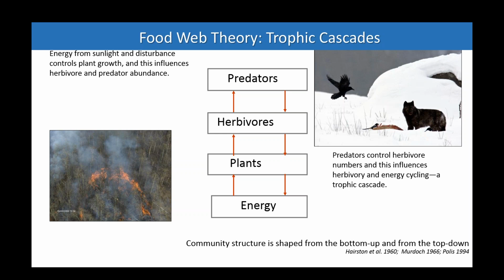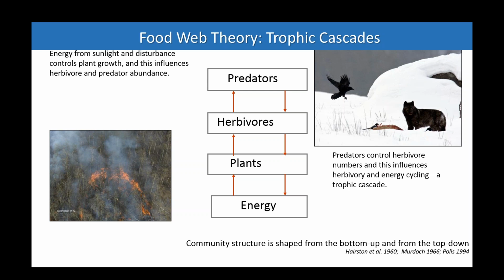My argument is that we don't live in a bimodal world. Nothing is that simple, and certainly ecology isn't. Ecology is a tangled bank. And while predators are very important, community structure is shaped from the bottom up and from the top down.